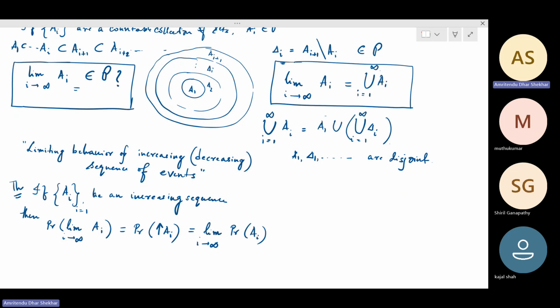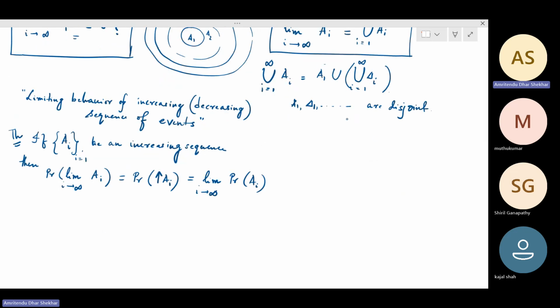Okay, and I'll write down the proof. Maybe the proof is obvious to you. The proof basically follows from this result that this set A_i is equal to A1 union these unions of delta_i, i equal to 1 to n.